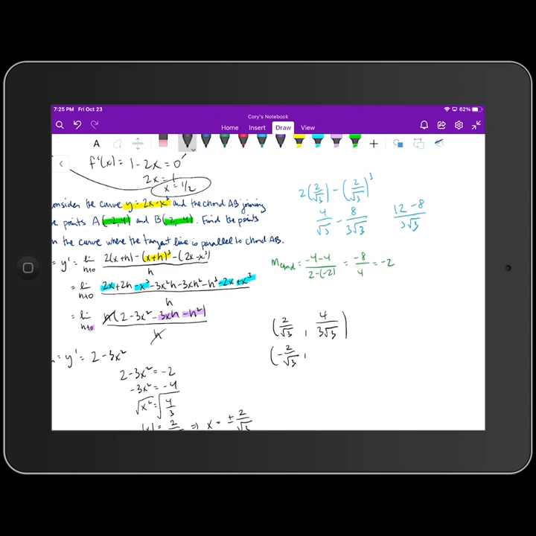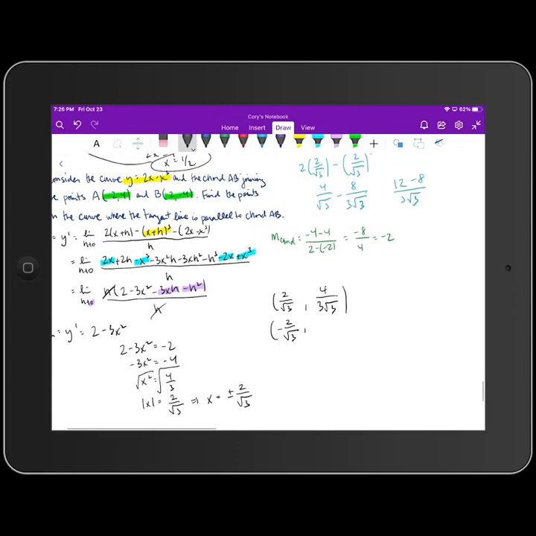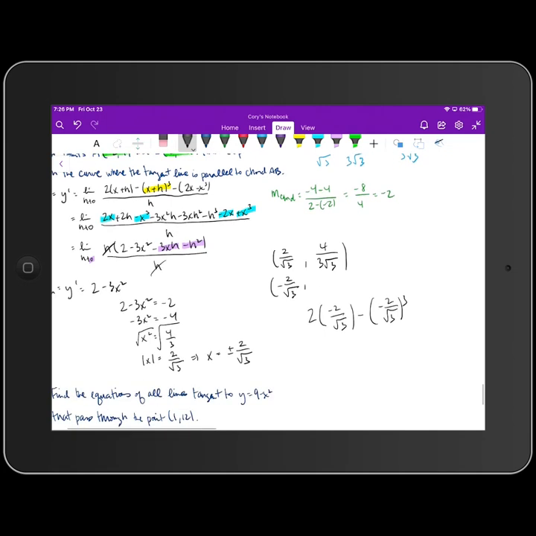And then we do the same thing with the second point, so I'm going to do the calculation for that down below. Okay, so that's going to be 2 times negative 2 over rad 3 minus negative 2 over rad 3 cubed, which is going to become negative 4 over rad 3.